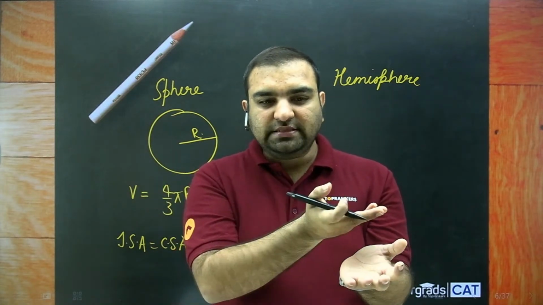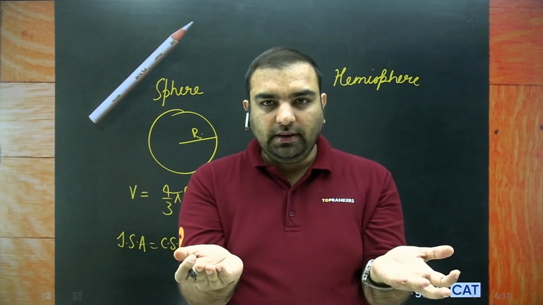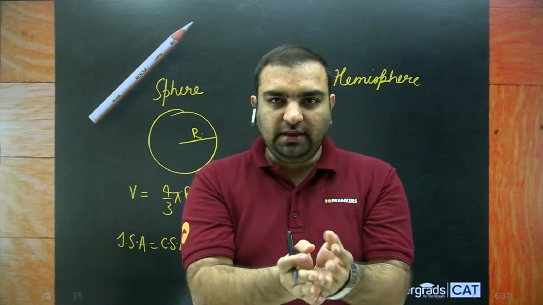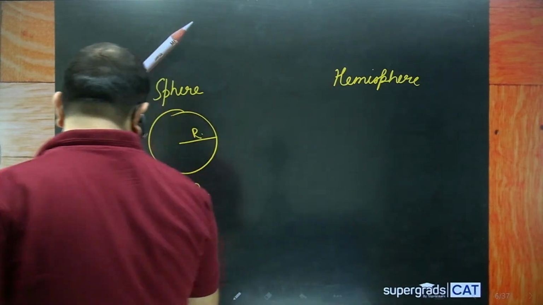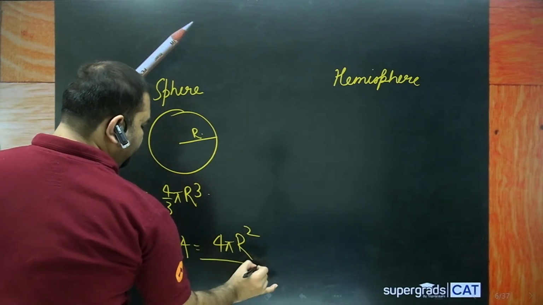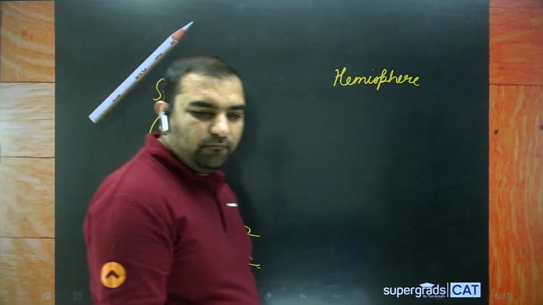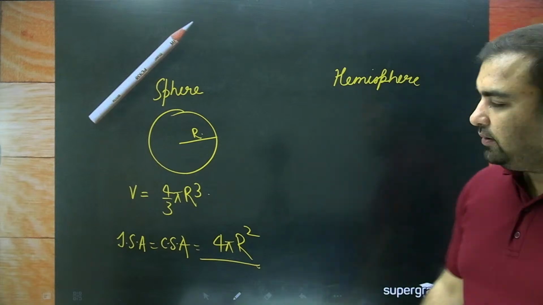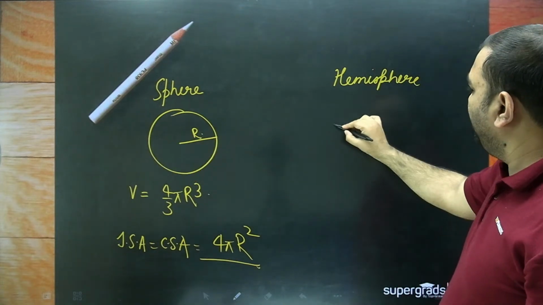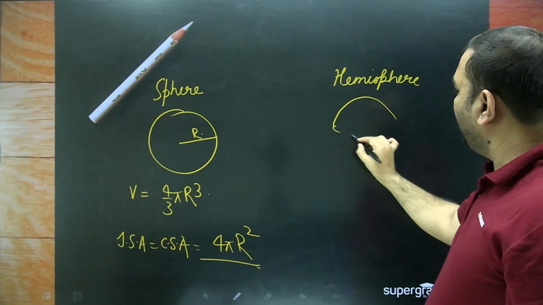There is no flat surface unless we cut it. So the curved surface area and the total surface area is same, and the value is 4 pi r square.